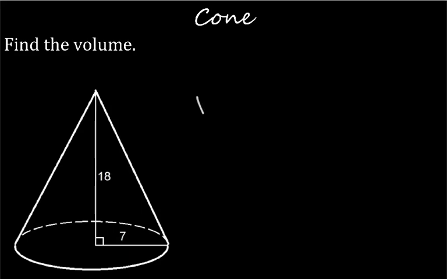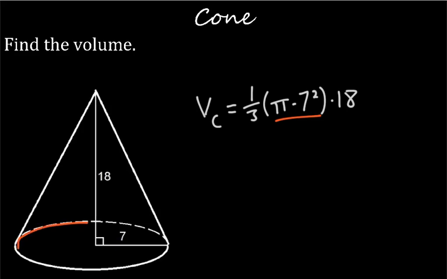So in this example, the volume of the cone is 1/3 times pi. The radius here is 7. So times 7 squared times the height, which is 18. So here we have the area of the circle, and here we have the height.